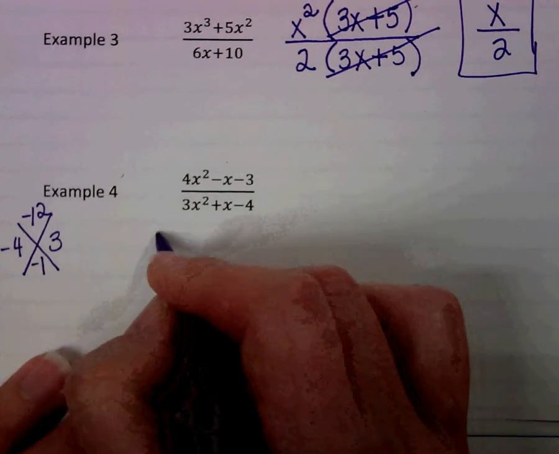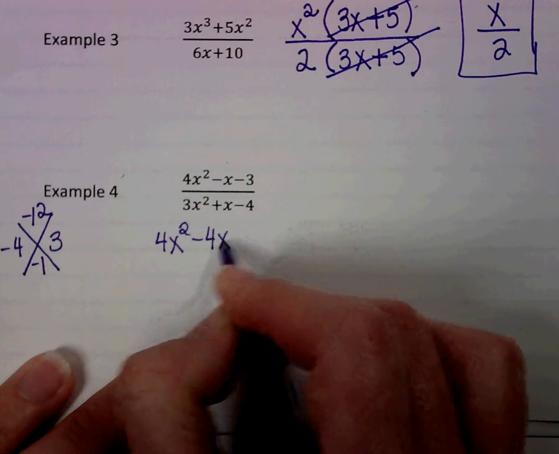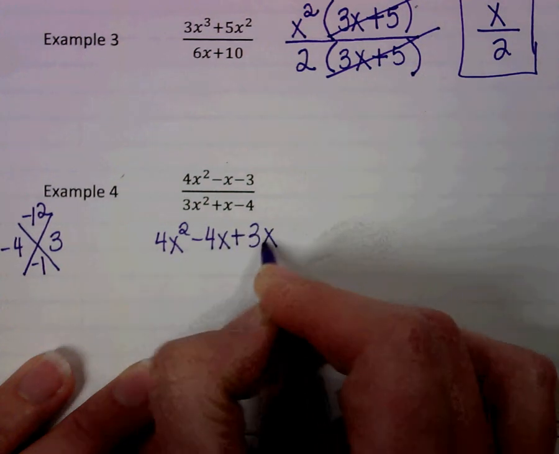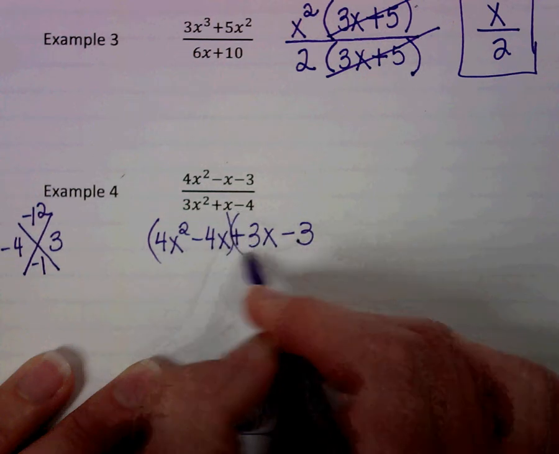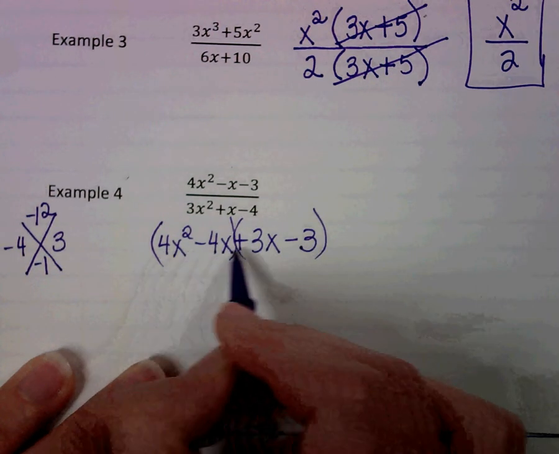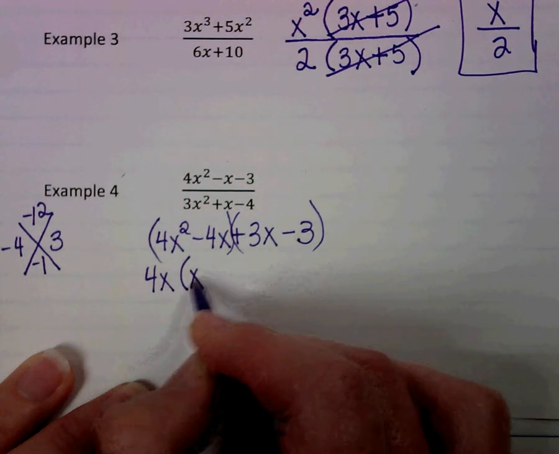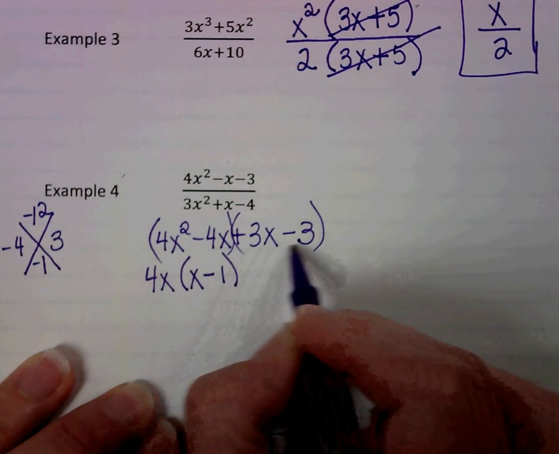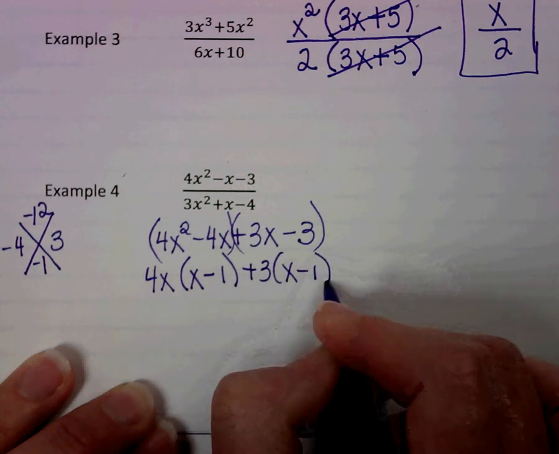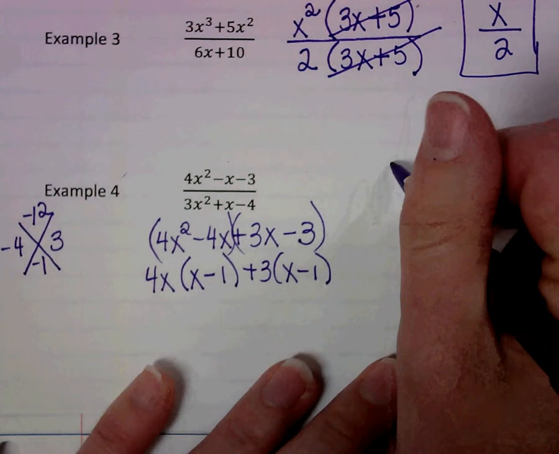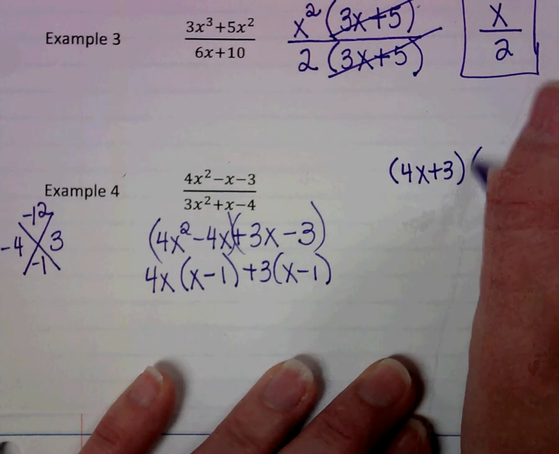And so I'm going to rewrite this, splitting my middle term with the factors from my x. Remember, we then need to group, pull out the GCF, which would be 4x in this case. Here my GCF would be 3. And so my factors for the numerator are 4x plus 3 and x minus 1.